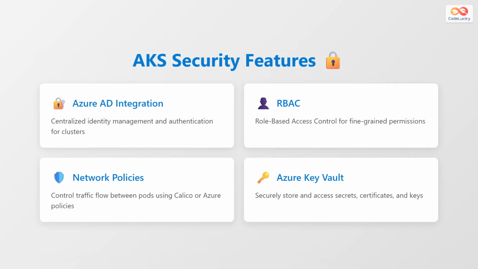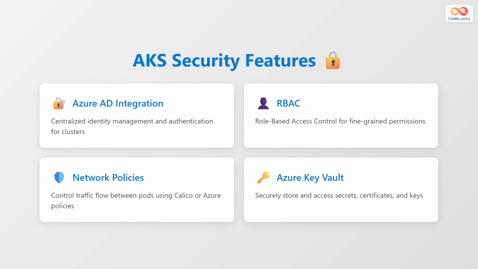Security is a critical aspect of AKS, and it provides several built-in features to protect your clusters and workloads. Azure Active Directory integration enables centralized identity management and authentication for your clusters, allowing you to control who can access your Kubernetes resources. Role-based access control, or RBAC, provides fine-grained permissions, letting you define exactly what users and service accounts can do within the cluster.